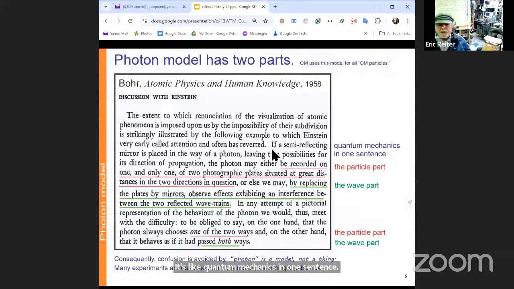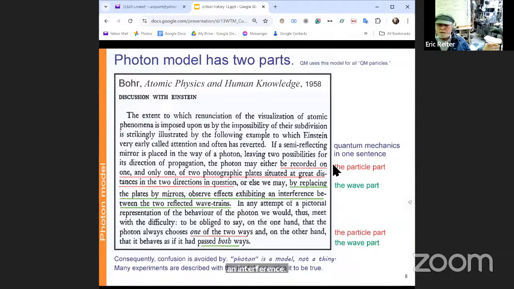If a semi-reflecting mirror is placed in the way of a photon, leaving two possibilities for its direction of propagation, the photon may either be recorded on one and only one of two photographic plates situated at great distances in the two directions in question, or else we may, by replacing the plates by mirrors, observe effects exhibiting an interference between the two reflected wave trains.